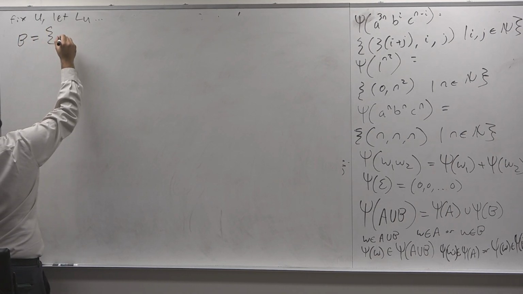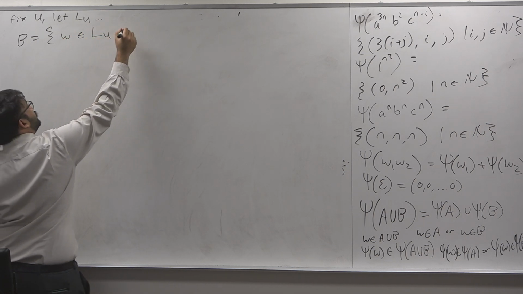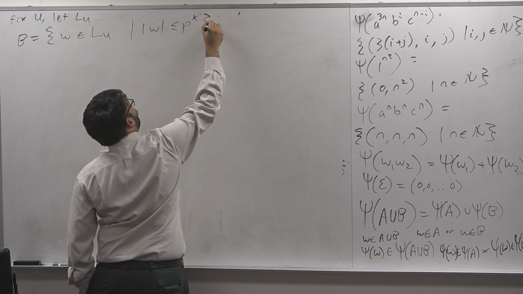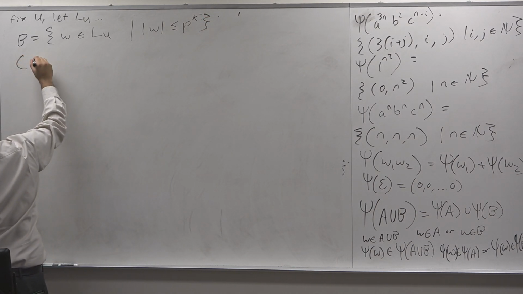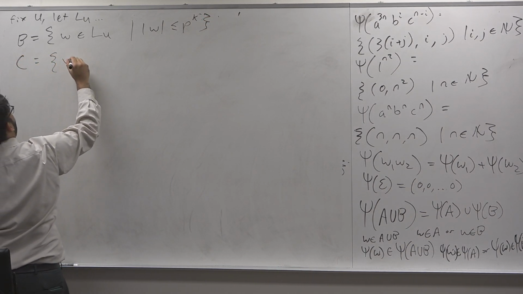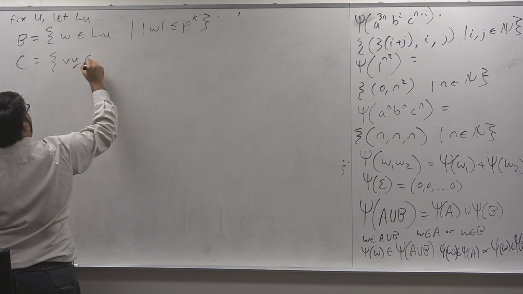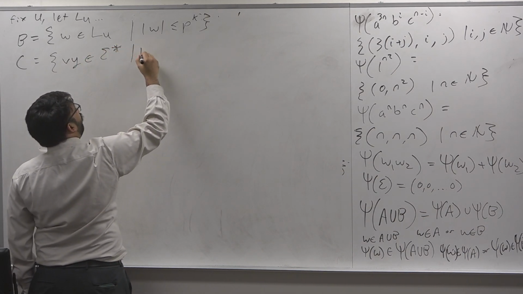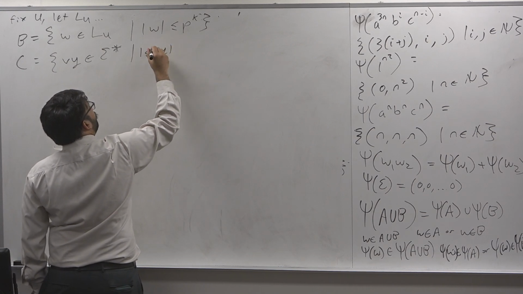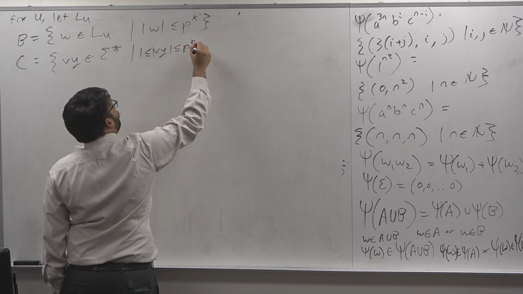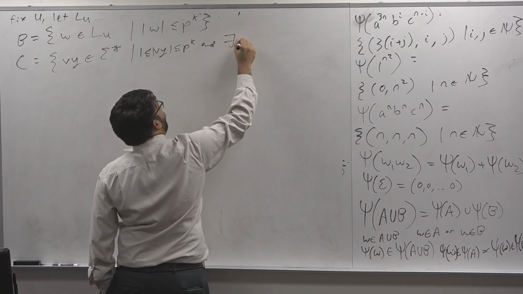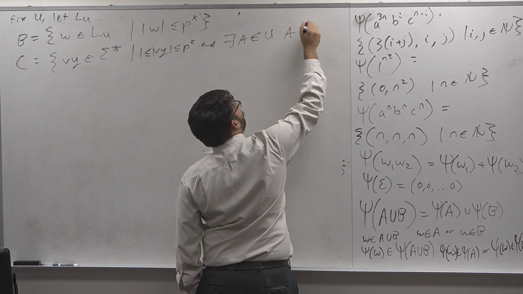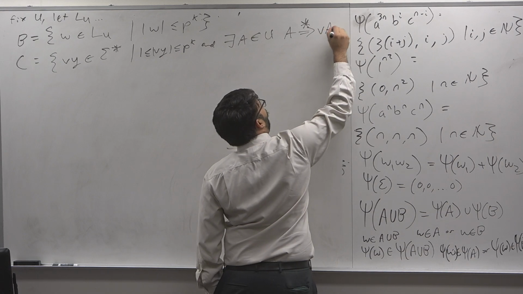B is going to be W in LU such that the length of W is less than or equal to P to the K. And we're going to have C be pairs of strings Vy, which is in sigma star, such that 1 is less than or equal to Vy, which is less than or equal to P to the K. And there exists some A specifically in U such that A with 0 or more steps will produce Vay.